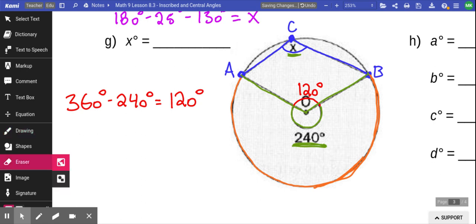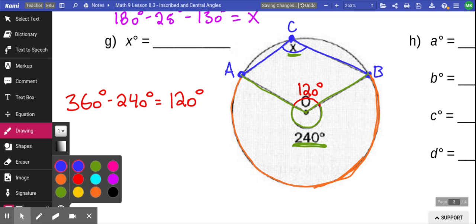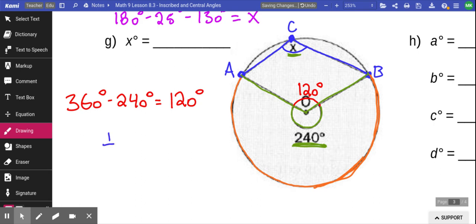So that 120 degrees is not the central angle. 240 degrees is the central angle. And we know that the inscribed angle is half of the central angle, which also happens to be 120 degrees.